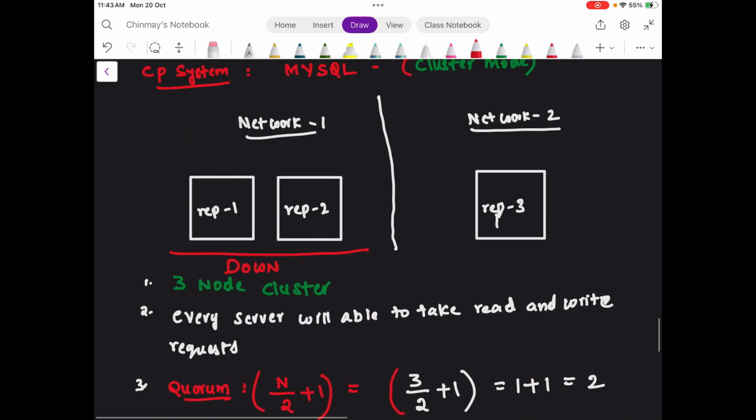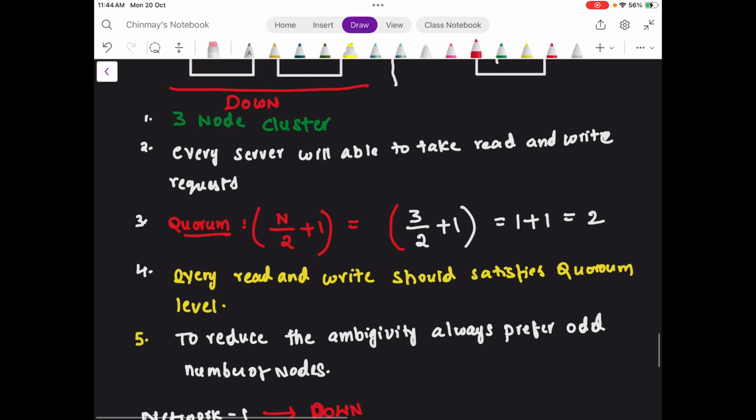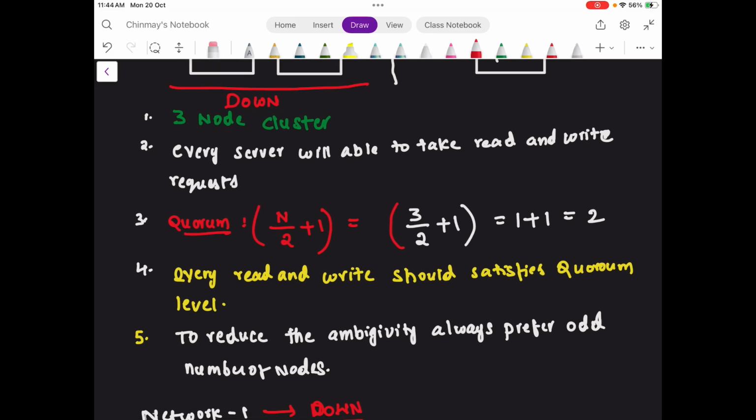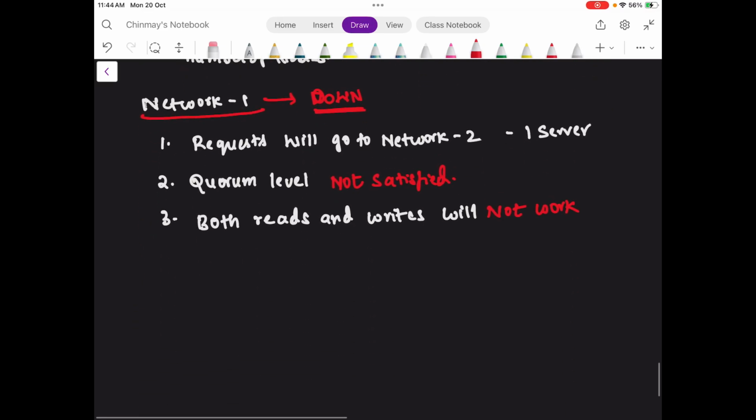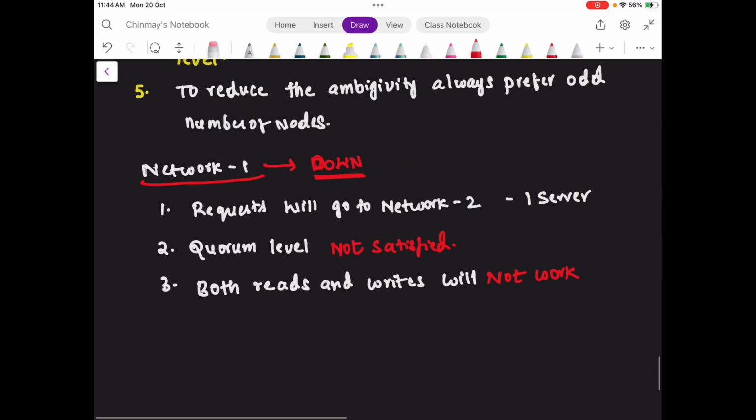Let's assume that network 1 is down. In production, all the reads and writes will go to network 2. Only one server is there. Does it satisfy the quorum level? It does not, because to satisfy the quorum level we definitely need 2 servers. That means both reads and writes will not work.